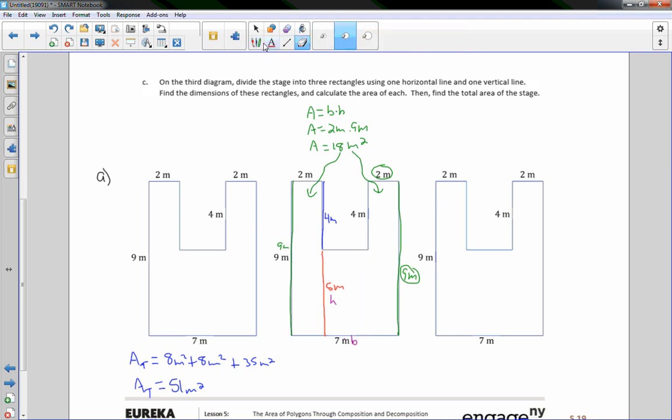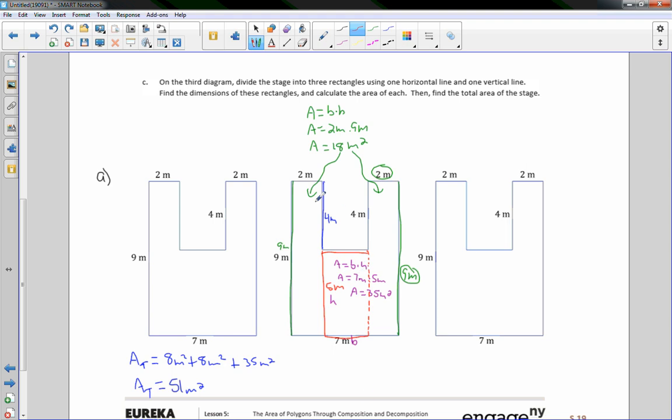Now I'm going to do the calculation. So area equals base times height. Area equals my base of 7 meters times my height, which is 5 meters. So the area is 35 meters squared. Now let me put this back. That was this rectangle here.